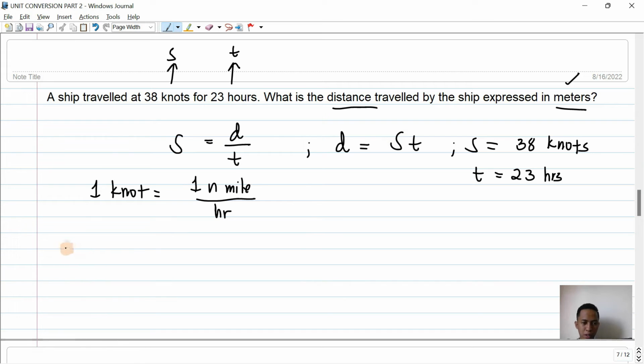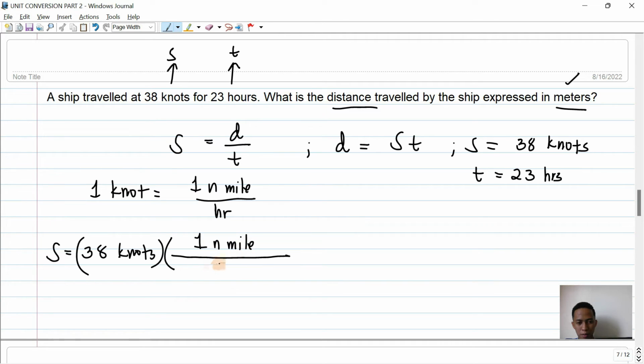Okay, so 38 knots, so that is yung speed natin, 38 knots. Okay, convert lang natin siya to nautical miles. So 1 nautical mile per hour is equivalent to 1 knot. Okay, so basically knot will cancel out.